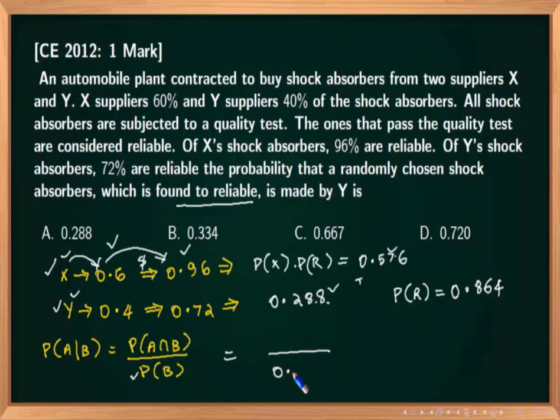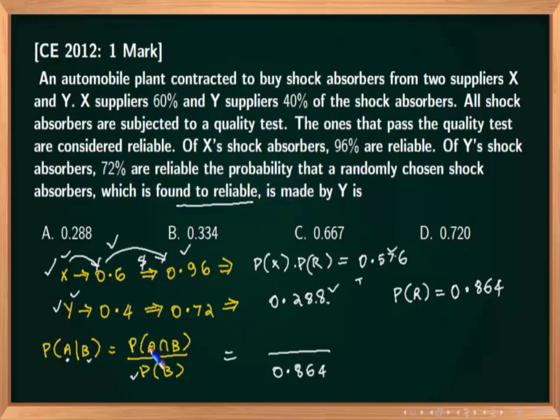Because it is given that it is a reliable shock absorber. Now, in the numerator, I have to find the probability of A intersection B, where A is the event whose probability you are going to find, the conditional probability when a given condition is given, and here in this case, A will be that it is made by Y.